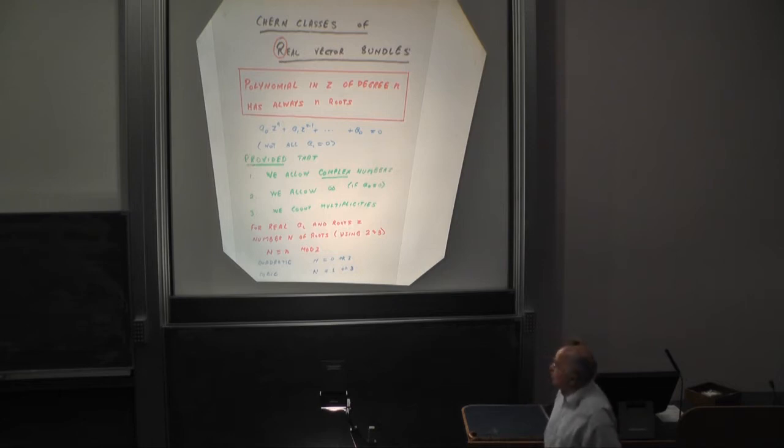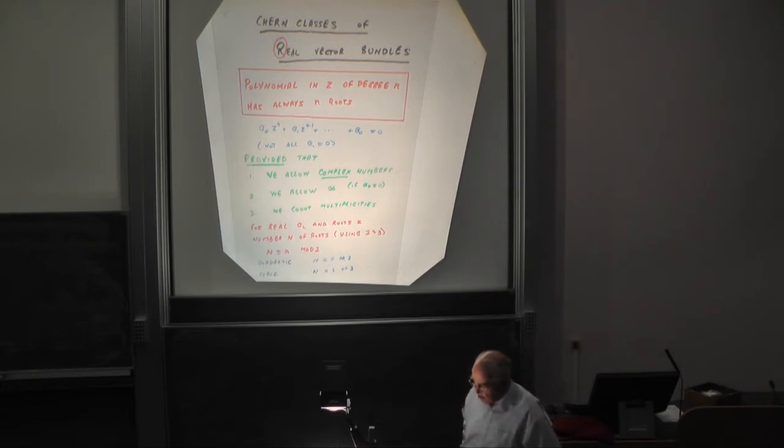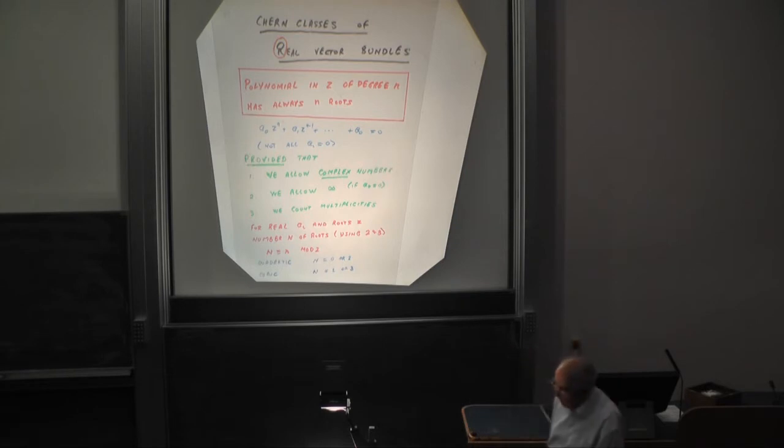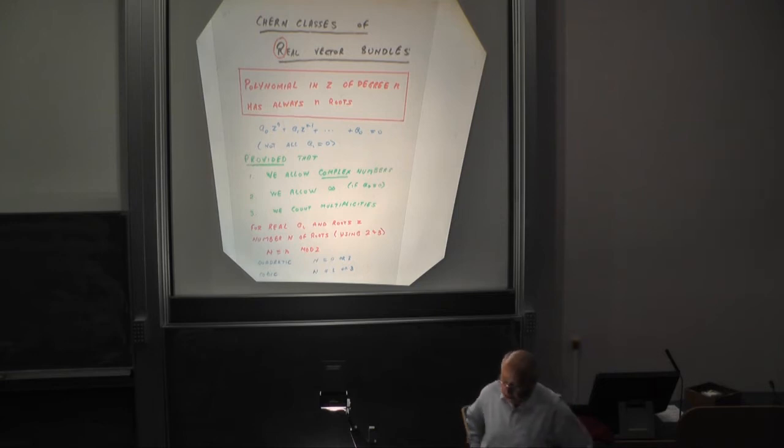First of all, we must use complex numbers, otherwise we wouldn't always have n roots. Secondly, we must allow infinity sometimes. For example, if a0 is 0, then one root goes off to infinity and we lose it, unless we can include infinity. And thirdly, we must count multiplicities. If two roots coincide, we have to count multiplicity 2. With those three assumptions, every polynomial has n roots, and that's the basic theorem of algebra, and algebraic geometry.